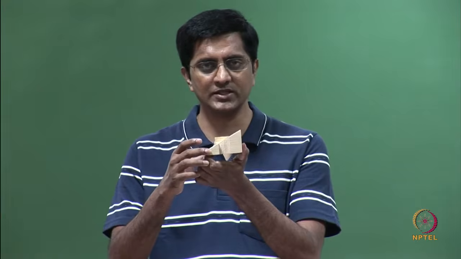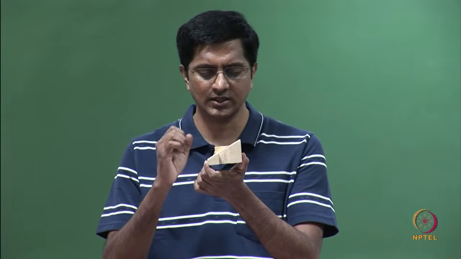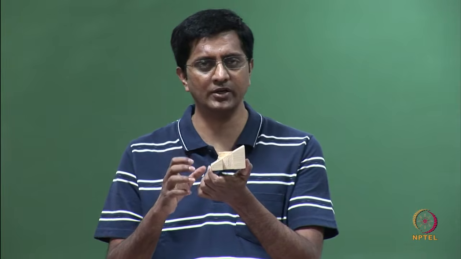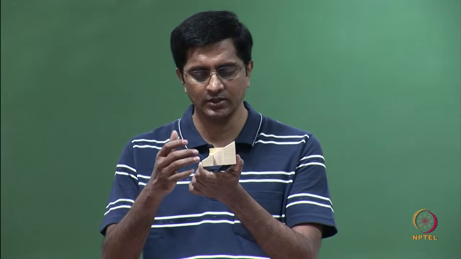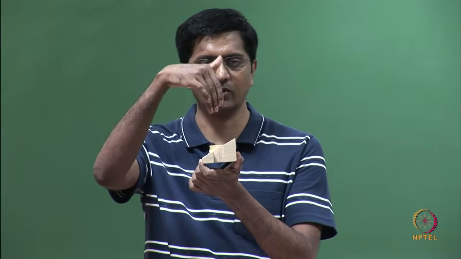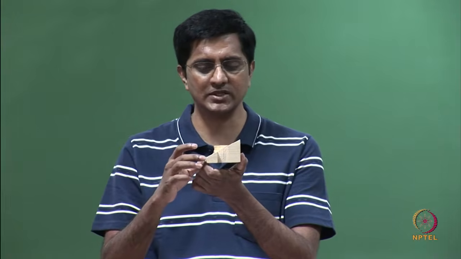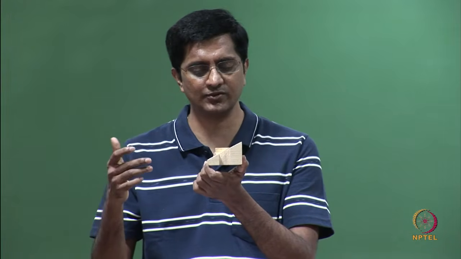Now, if I say that this is the front view, the second question to answer is how many views do I need to capture this object. Let us say we capture the front view and the top view, will that be sufficient or not? Sometimes, depending on the number of features, you may want to go for a side view as well, and maybe even one side view is not sufficient, you may want a different side view.